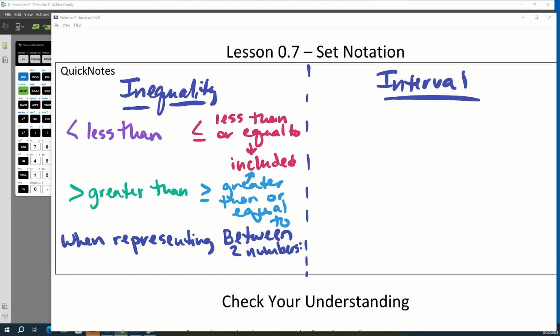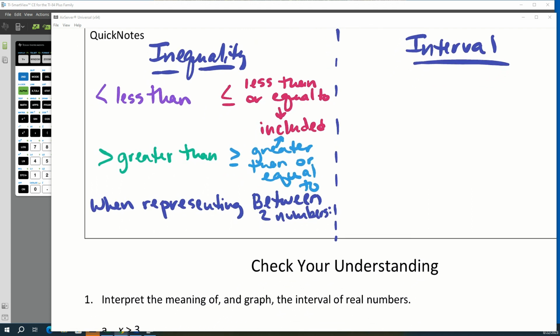So the smaller number we're going to call a lower bound. Now that smaller number is not going to be an infinity or a negative infinity on the left. So it's going to be a number on the left, so lower bound. Right, and then you're going to have less than. And then the variable is in the middle. And then you have another less than, and then it's the upper bound.